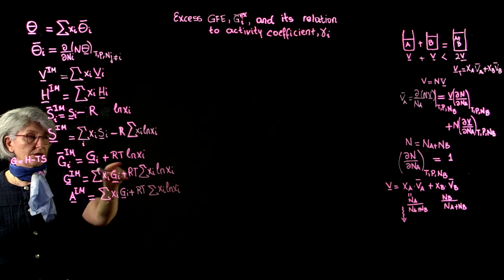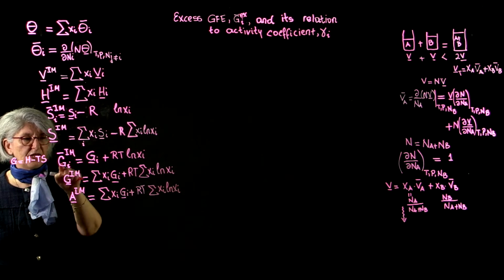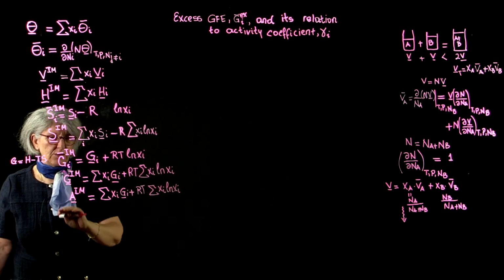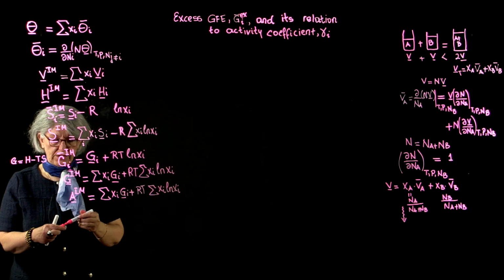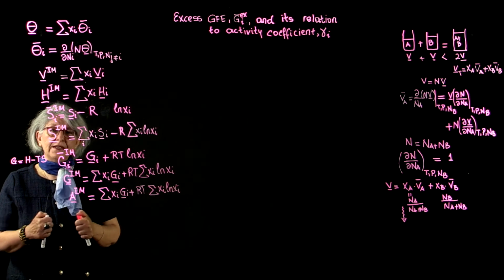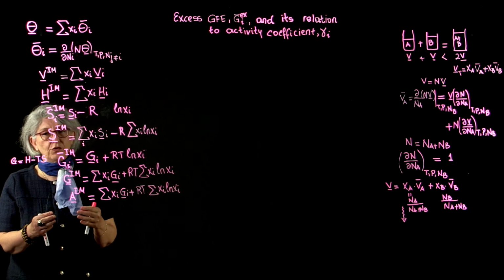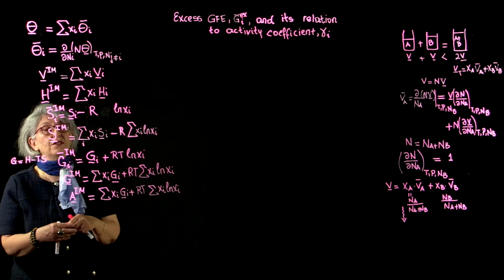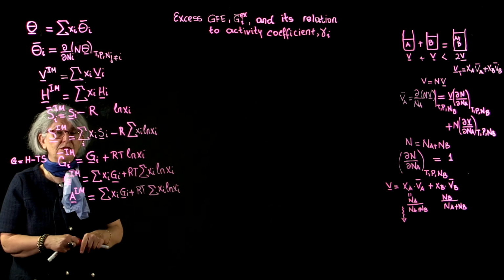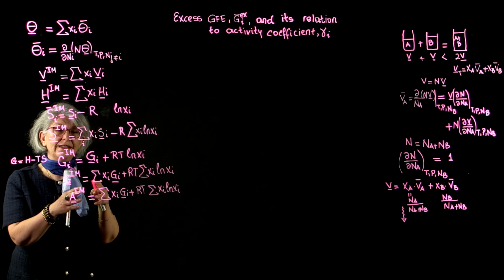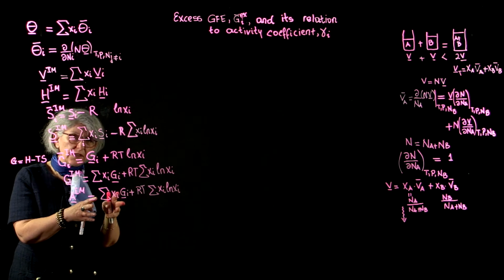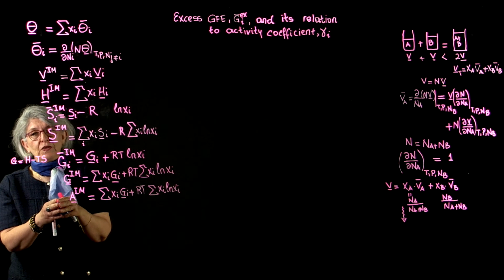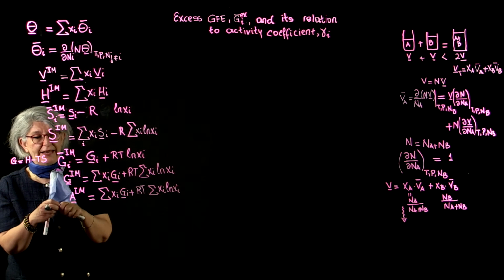And of course, its partial is G replaced with A. This is the ideal mixture situation. The real fluid situation is going to be different. Real mixture situation is going to be different from the ideal mixture situation. And the difference between the real and the ideal mixture is going to be called the excess.